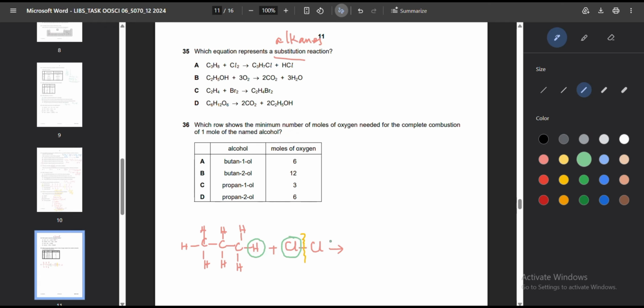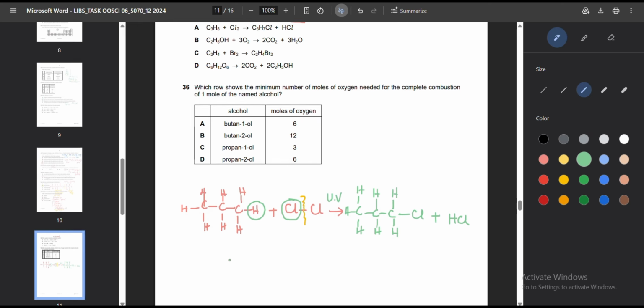Alright, so your product is C, 3 carbons, 1, 2, 3, 4, 5, 6, 7 hydrogens, and the 8th hydrogen gets replaced by chlorine, plus HCl, and this reaction takes place in the presence of ultraviolet light.